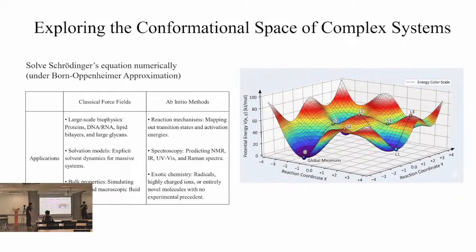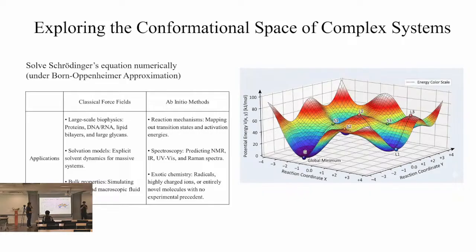Okay. And then we have the more expensive one, which is the ab initio method. One type of ab initio method is DFT, density functional theory, but it's not limited to DFT. You can also have coupled cluster calculations. Essentially, ab initio means first principles. That means it tries to explicitly describe the electron behavior.